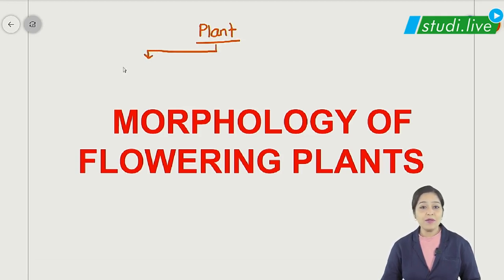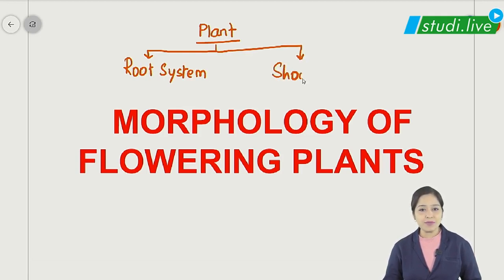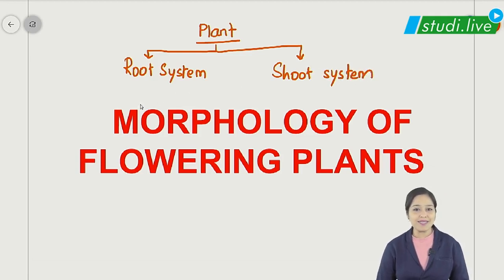One system which is below the soil is known as the root system, and the one which is above the soil is known as the shoot system. So what is the difference between the root system and shoot system? We are going to see that.